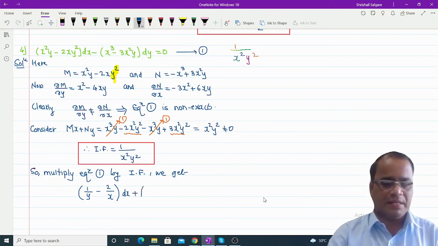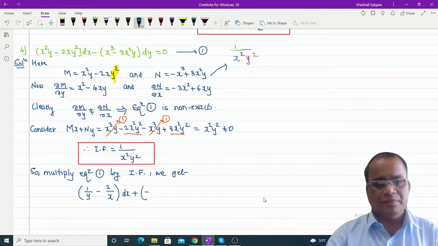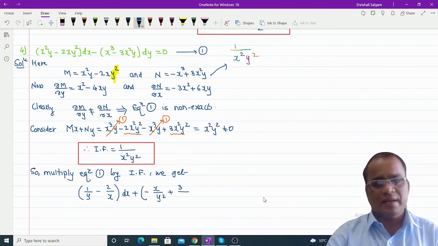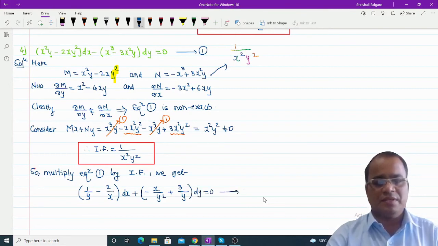Here I will write plus, and this term I will consider. Minus x cube means the term is negative, it can be written as x upon y square. Plus 3 is there, x square gets cancelled, y upon y square is 3 upon y, dy equal to 0, and suppose this is equation 2.